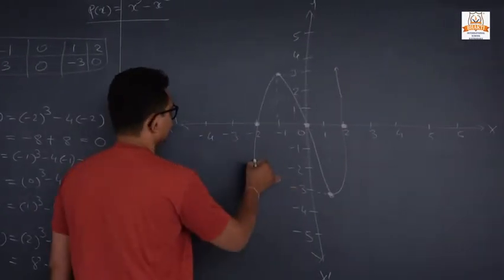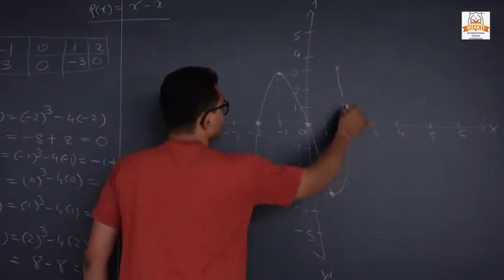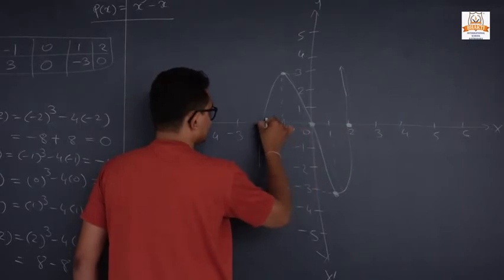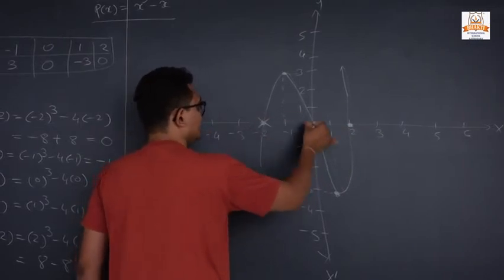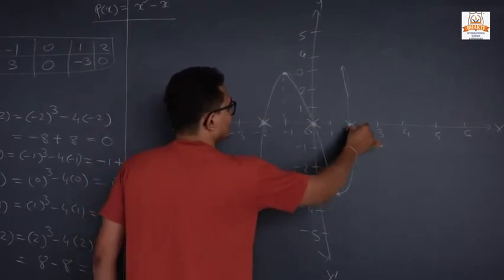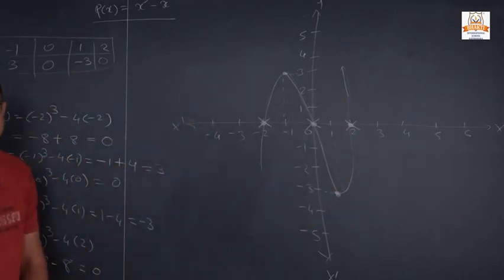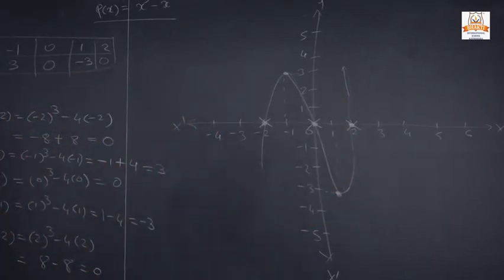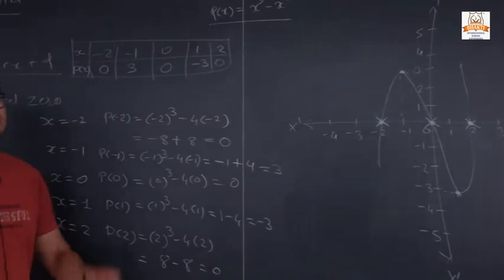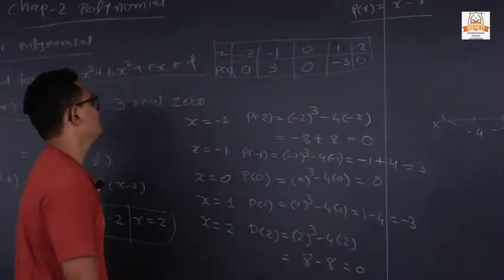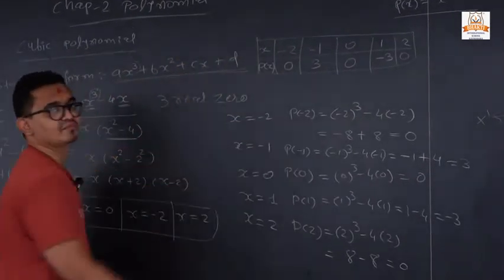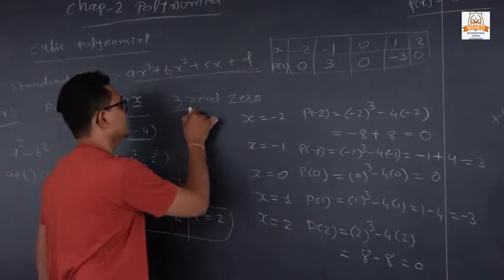So here this graph cuts the x axis how many times? 1, 2 and 3. So it means what? For a cubic polynomial you need to remember three things. First of all, its standard form. Second, it has 3 real zeros.